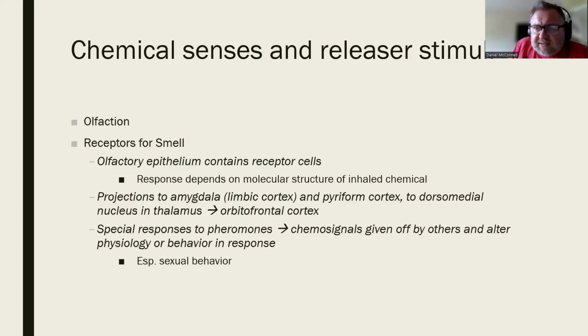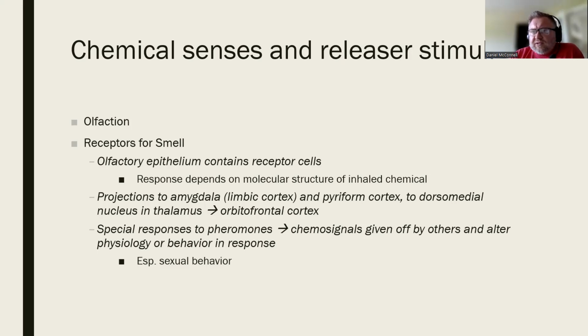We haven't talked about this sense very much, and we're not really going to get into the details of how the olfactory epithelium works. We know that there are receptors embedded within the sinus that are part of what's called the olfactory epithelium. These are neurons that, kind of like the taste buds for taste, are chemical receptors.